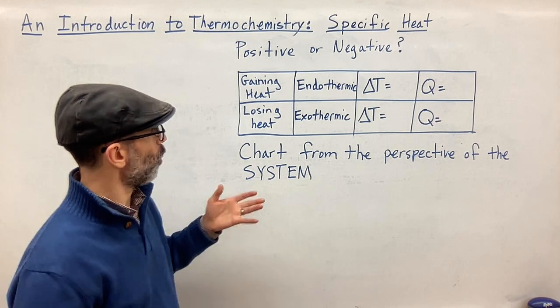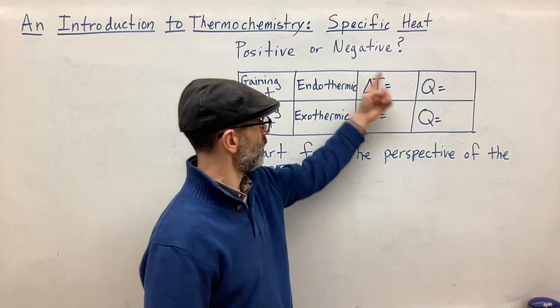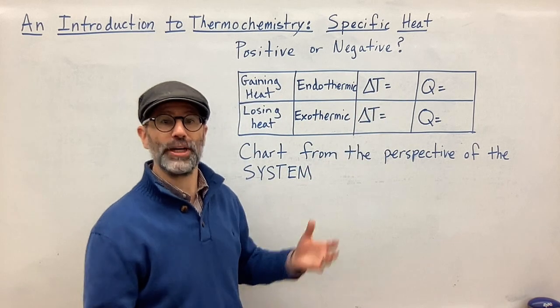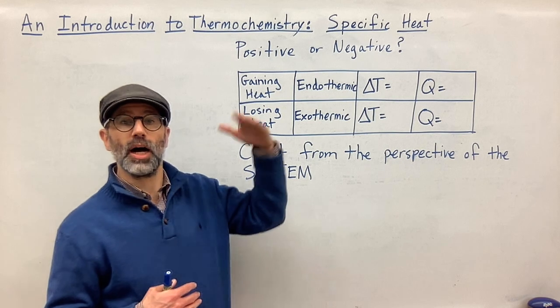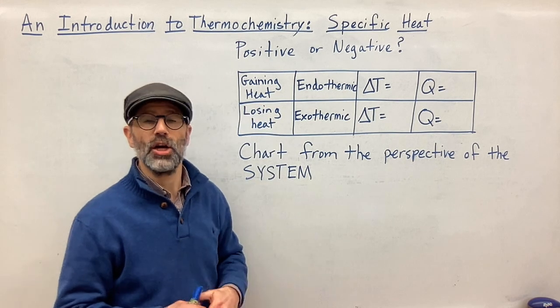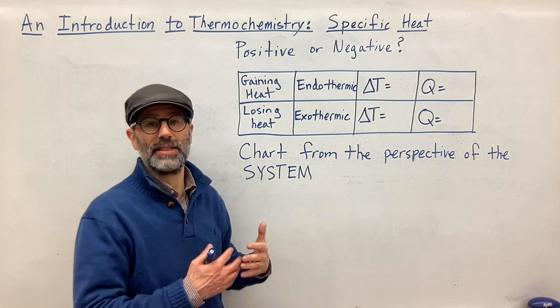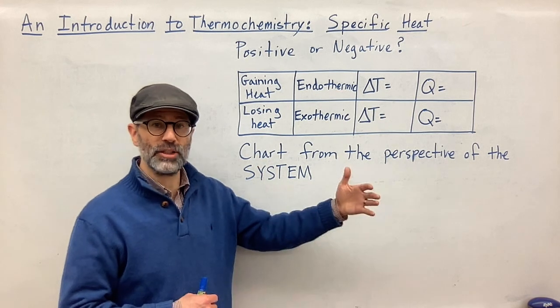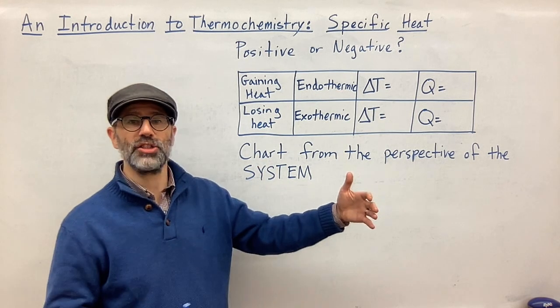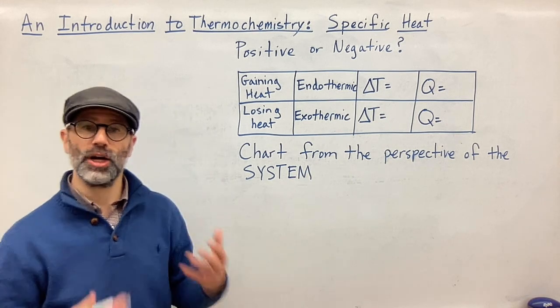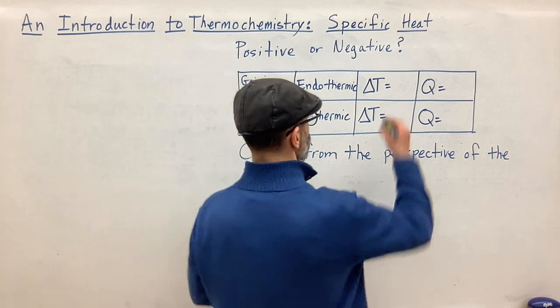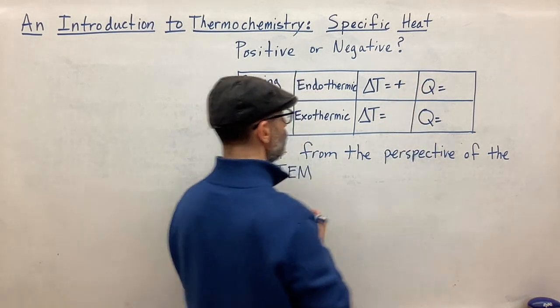So therefore, the temperature change is going to be what? If you're gaining heat, that means your temperature is going to go up from the initial temperature. So when you do your final minus initial, your final temperature is going to be larger than your initial. So when you subtract them, you're going to get a positive value for your change in temperature. So this should be positive.